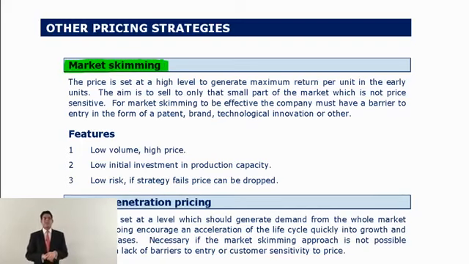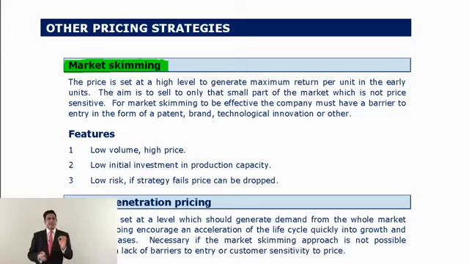These strategies. Market skimming, very likely to come in exams for 2, 3, 4 marks sometimes. Market skimming is when the aim of the organization is to generate the maximum or highest level of profit in the short term, in the short run. The reason being, the life of the product is very short.